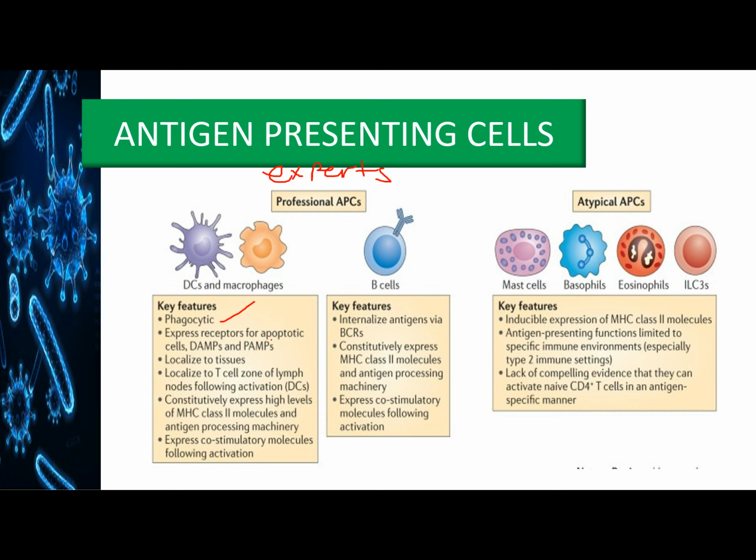They express receptors for apoptotic cells, DAMPs and PAMPs. And they are localized to the T cell zone of the lymph nodes following activation, specifically of your dendritic cell. So nakikita sila, class, sa T cell zone ng lymph nodes nyo. You still remember kung saan yan, di ba?